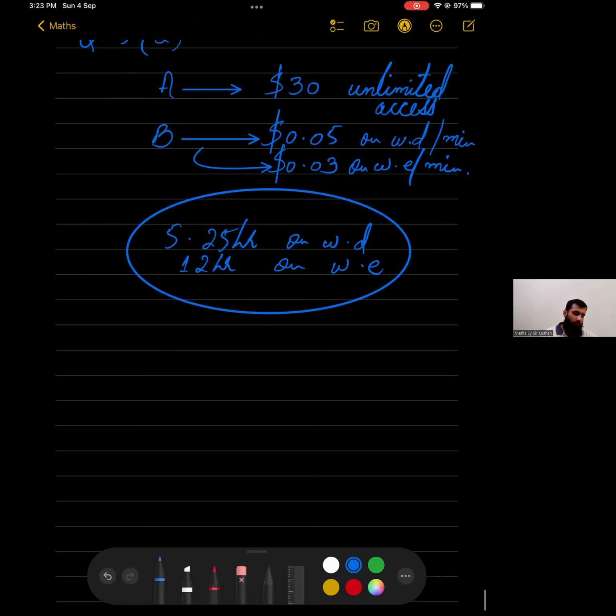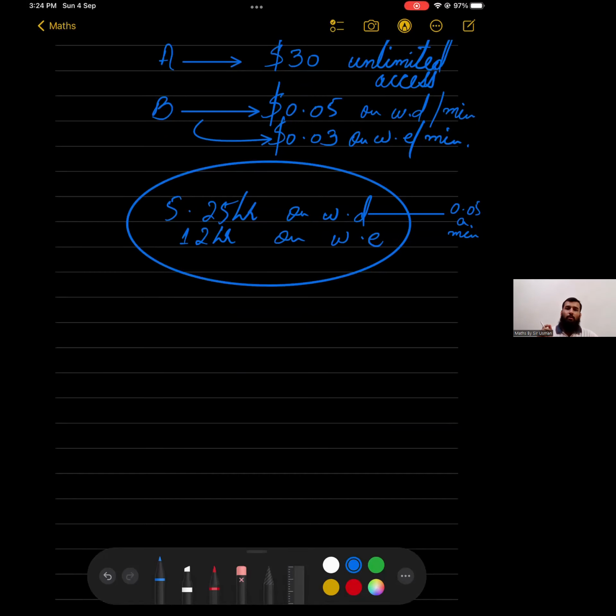कॉस्ट कैसे आएगी? ओवर हियर ऑन वीक डेज द अमाउंट ऑफ टाइम इज 5.25 hours while he was being charged at 0.05 a minute. तो अब प्रॉब्लम ये है कि हमारे पास 0.05 1 मिनट के लिए है for 1 minute. Now to figure out for 1 hour at the same rate हमें 60 minutes के लिए figure out करना होगा.